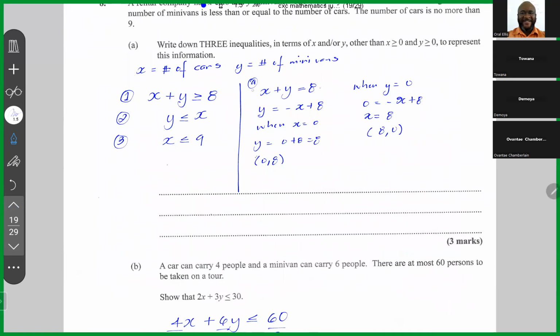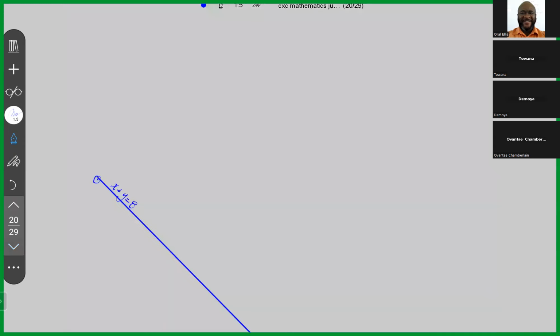Now the next inequality is, so we did A. The next inequality is x is less than or equal to y. Now, the straight line associated with the inequality x is less than or equal to y is the line x is equal to y. By now, everybody should know that the line x is equal to y is a straight line that passes through all points on the graph where x and y have the same value.